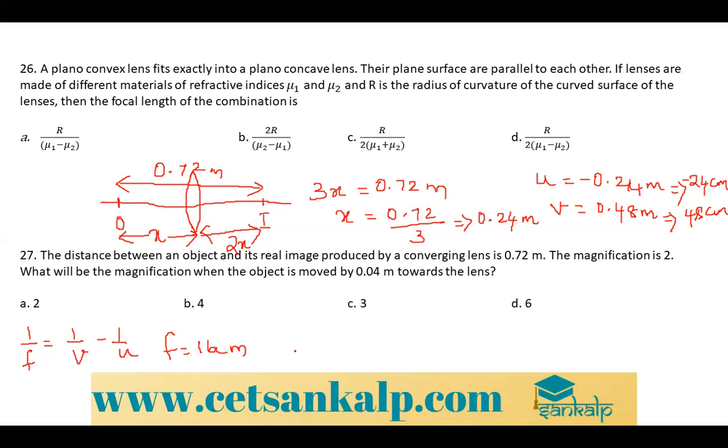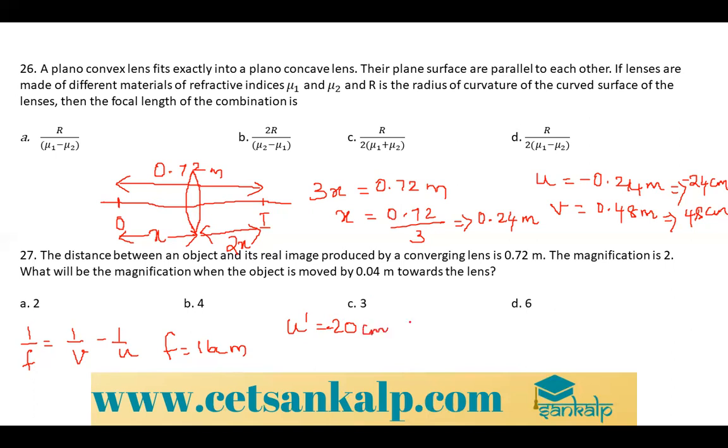Now they have said the object is moved 0.04 meter. So when the object is moved by 4 centimeter towards the lens, the new object distance u dash is equal to minus 20 centimeter, because minus 24 plus 4 gives minus 20 centimeter.